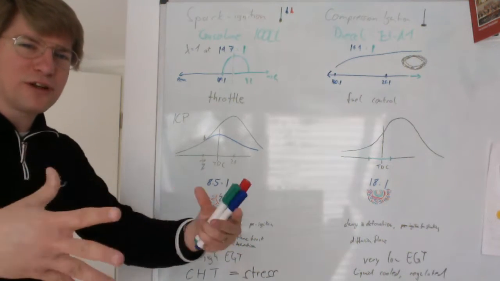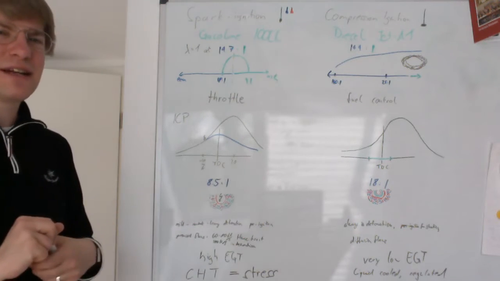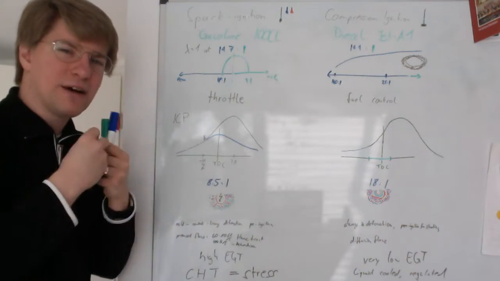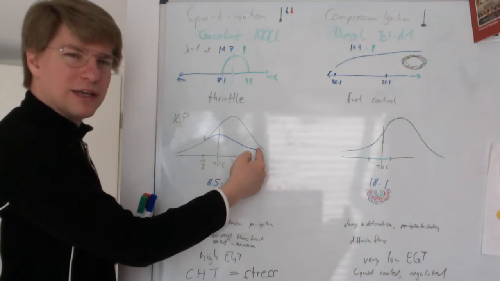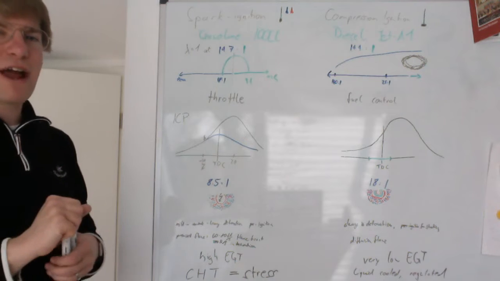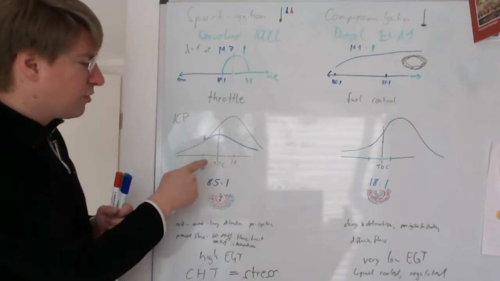This flame front takes a while to get going, and until everything in the cylinder is burned, until this flame front has reached the cylinder walls going outward from the spark plug, we are about here in the process. So it takes a considerable amount of crankshaft rotation for this combustion to get going.